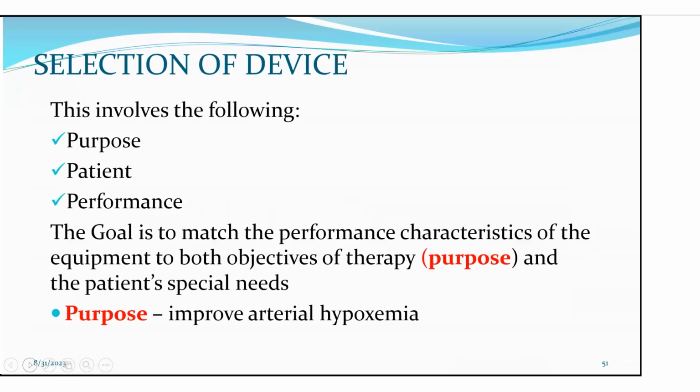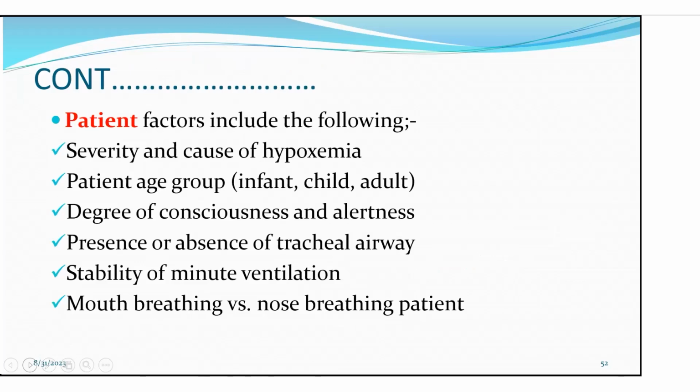So one, the purpose is to improve the arterial hypoxemia. The second one is patient factors, which include the following: severity and cause of hypoxia, patient age group, the degree of consciousness, the presence and stability of breathing, and mouth breathing versus nose breathing.